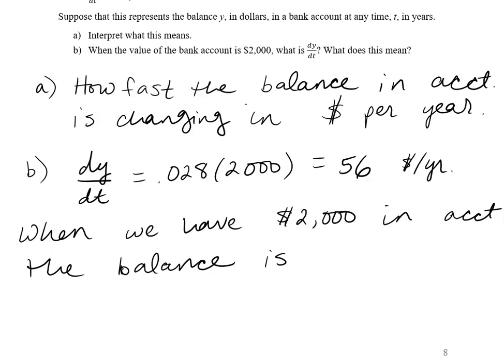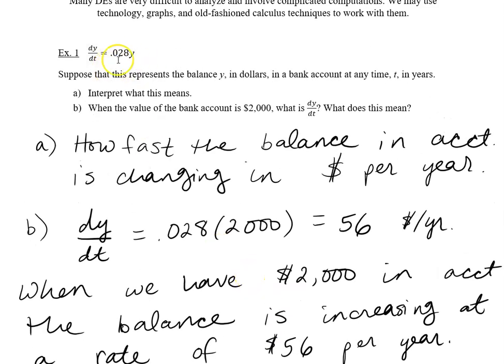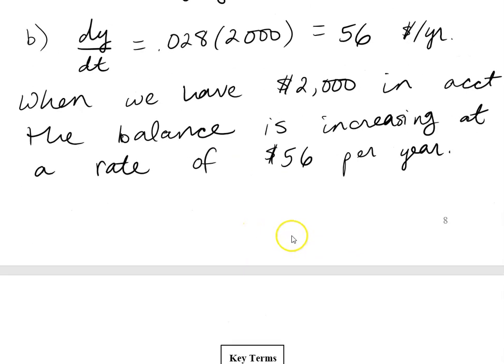So we can say when we have $2,000 in the account, the balance is increasing at a rate of $56 per year. And this would be a typical equation in a business calc class, for example, where they're talking about how fast an account maybe is changing.